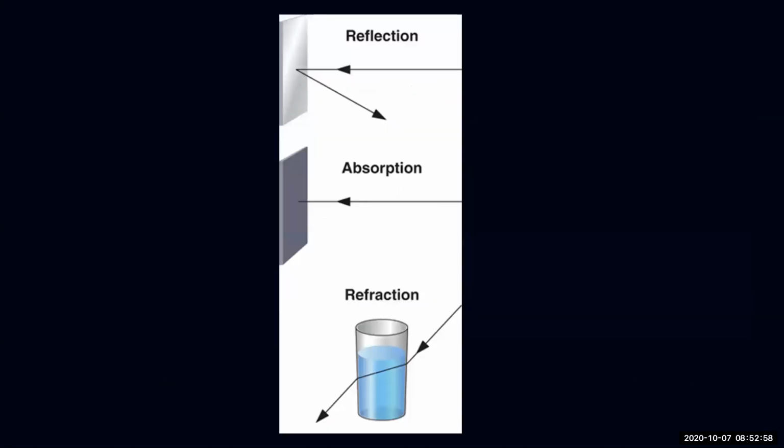And just real quickly, remember when we talk about an object and we're talking about color, our perception of color depends on what light is reflected and what light is absorbed.